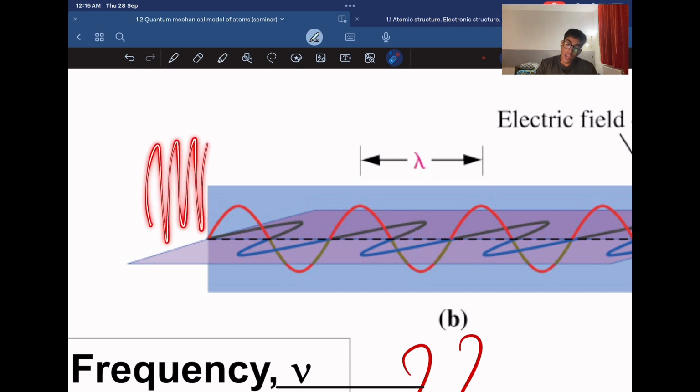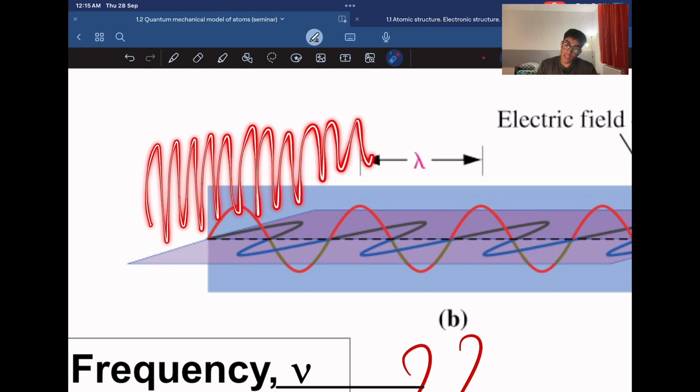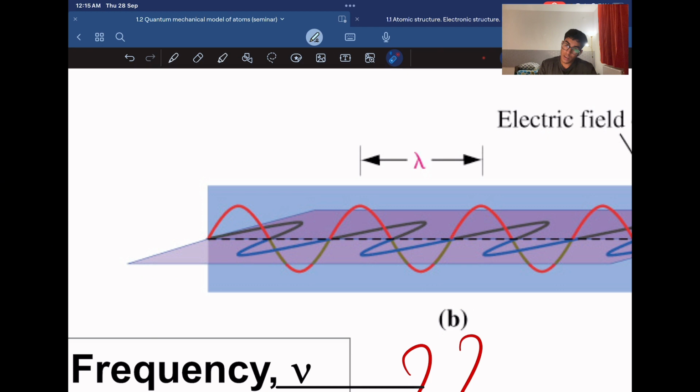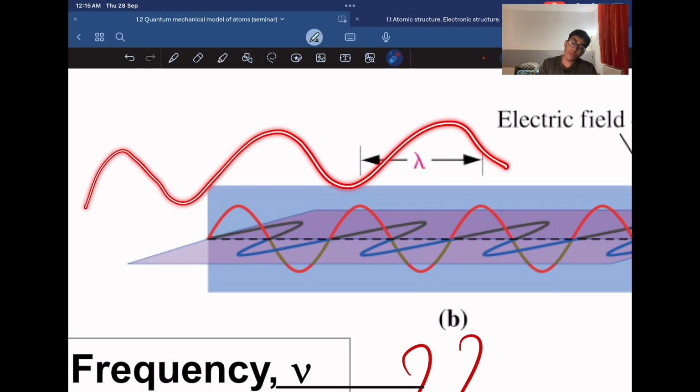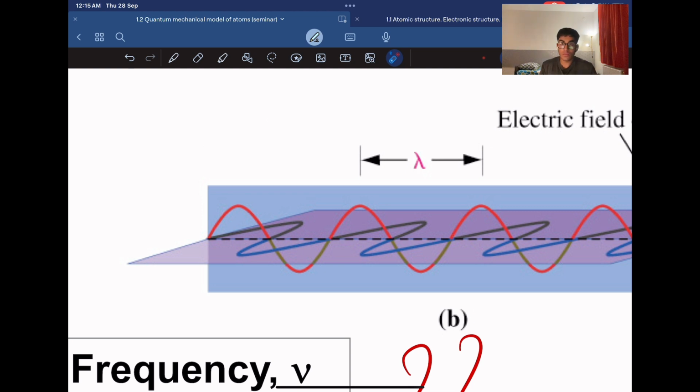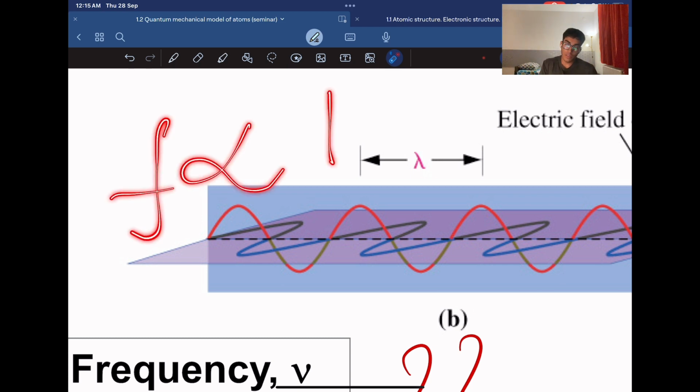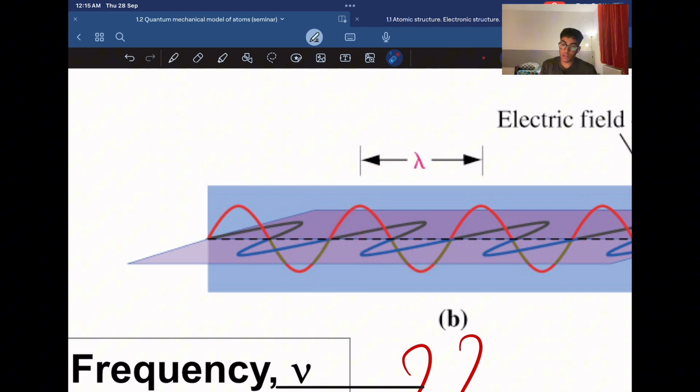Now, if we have a higher frequency like that, we can see that the wavelength decreases here. Having a lower frequency increases the wavelength. So what does this tell us? That frequency and wavelength are inversely proportional. If the wavelength increases, that means the frequency has decreased.